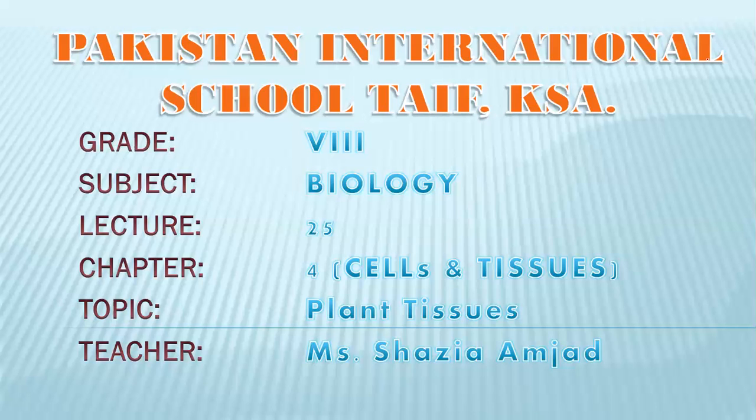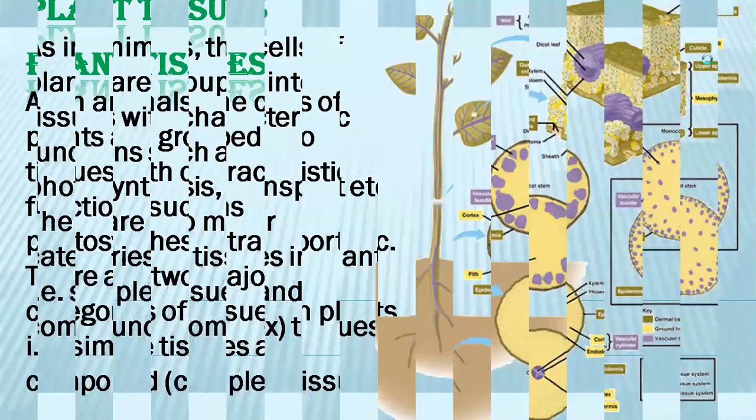But plants do not have a proper organ system level. Organs are there, but just a few organ systems. So we will talk about some of the tissues which make up the organs. Let's get started.